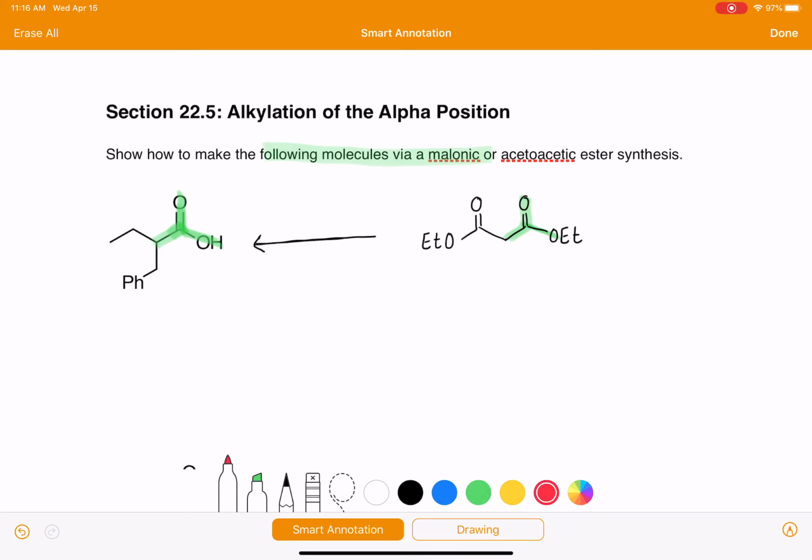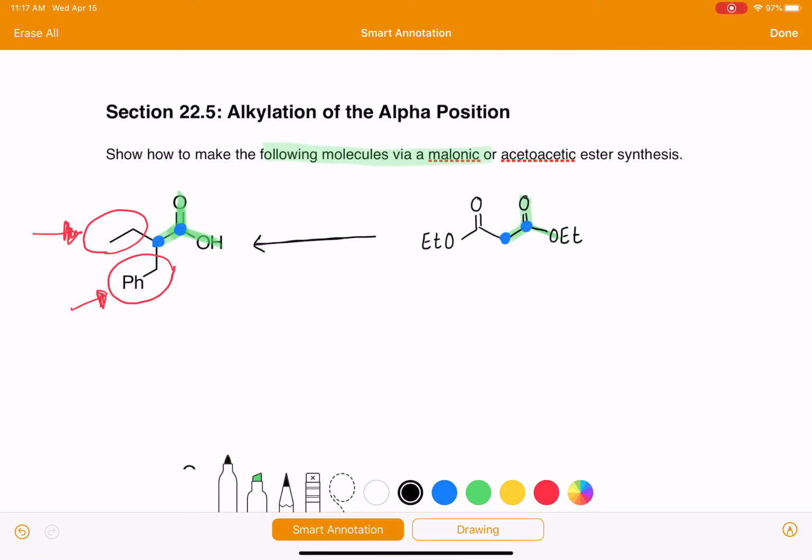Then we will be able to determine which R groups, or how many R groups, need to be attached in this reaction. It's really important that you know that this carbon right here, as well as this carbon right here, are coming from the malonic ester. When you're making a decision about what to add to the malonic ester, you need to make sure you're getting the correct number of carbons in that.